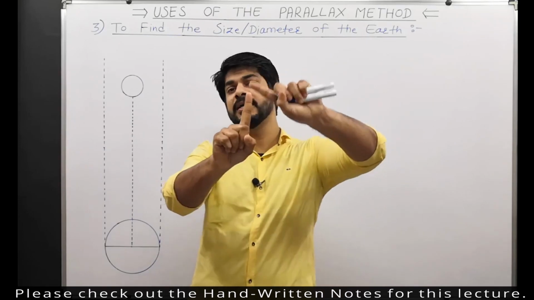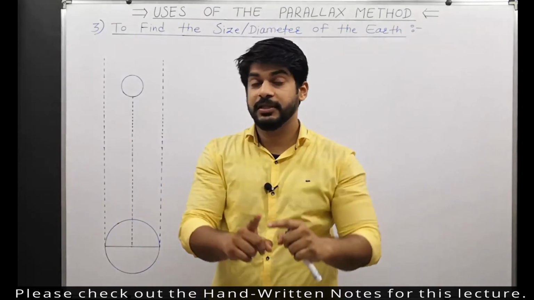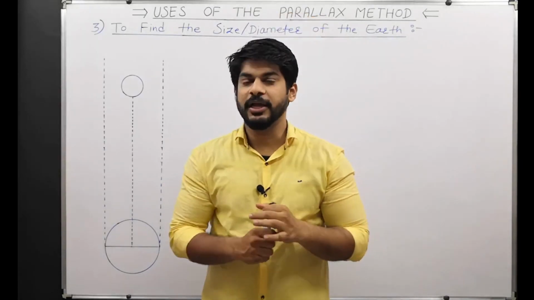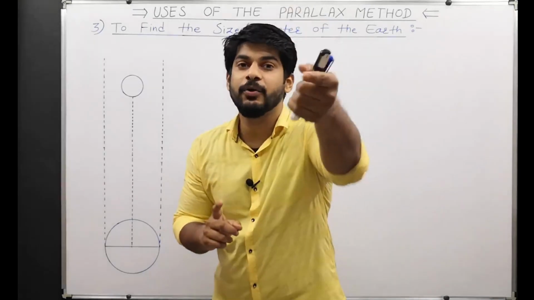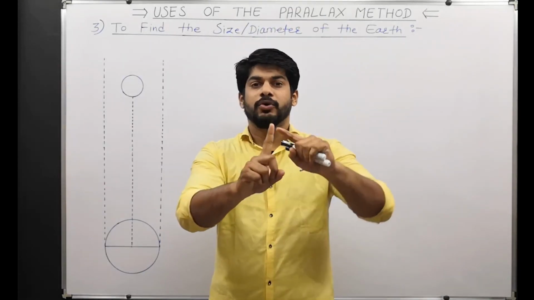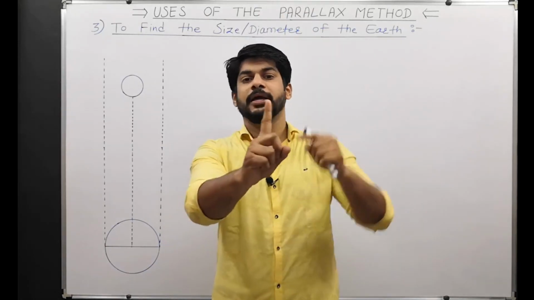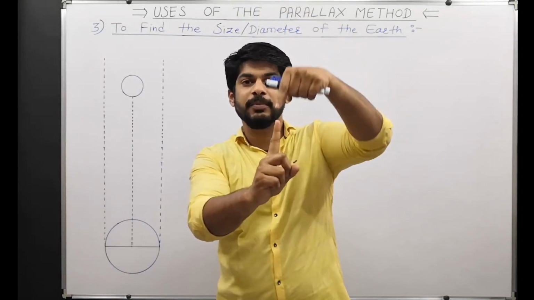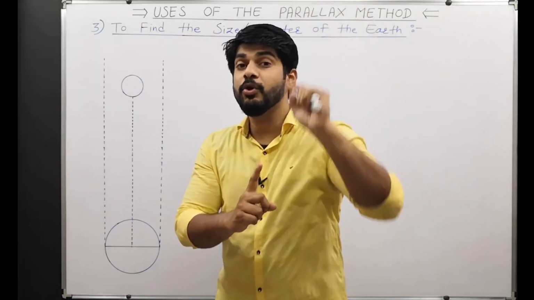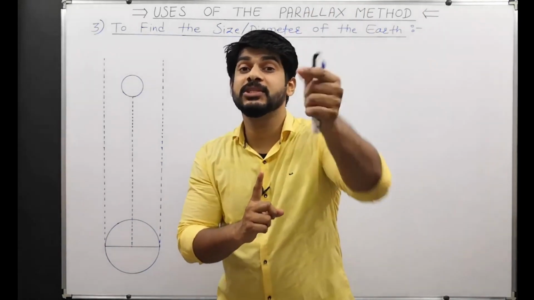Behind this finger there are some objects, which I can call background objects, or distant objects. I can call this finger a nearby object and the background objects the distant objects.